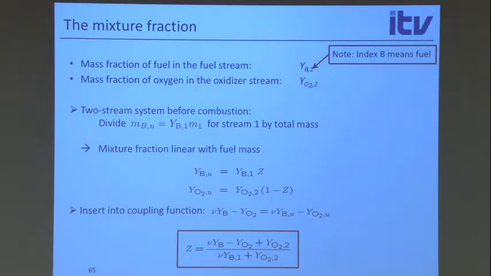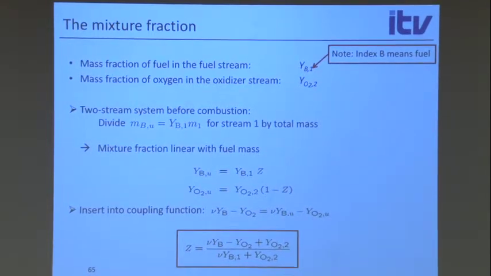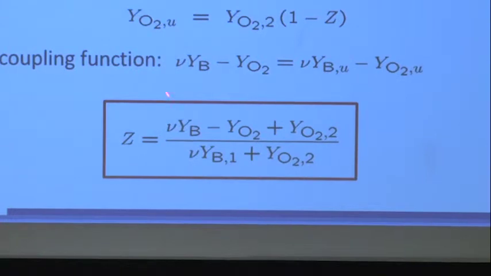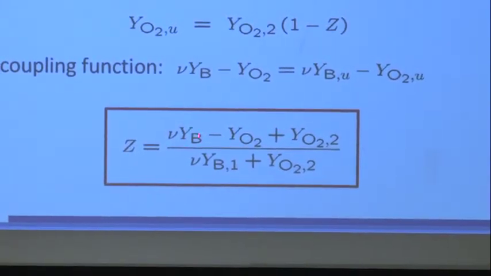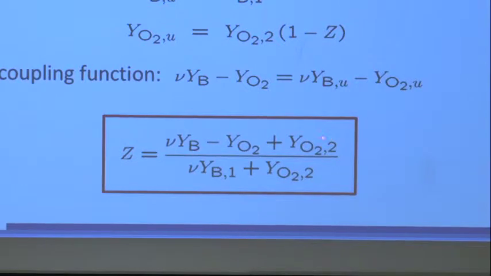And you see this has a mass fraction of fuel, mass fraction of oxygen, and it has the oxygen mass fraction in the oxidizer stream and the fuel mass fraction in the fuel stream. And you see if in the fuel stream Y_O2 is 0, let's say, and this is Y_B,1, then this fraction is 1. And in the oxidizer stream, this here is 0, and then I have minus Y_O2 plus Y_O2, and it's 0, okay?